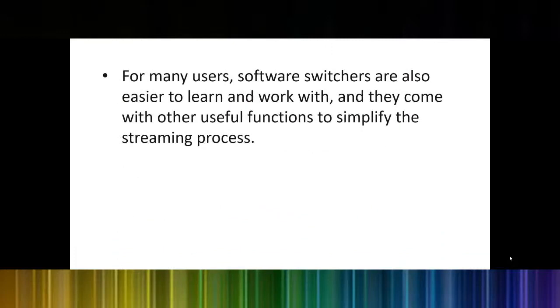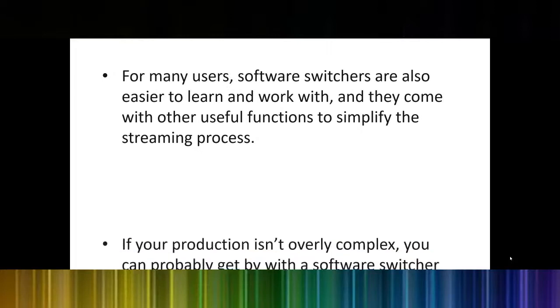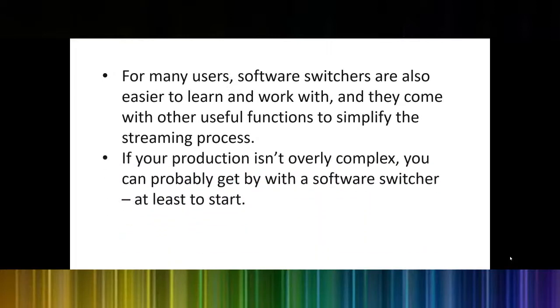For many users, software switchers are also easier to learn and work with, and they come with other useful functions to simplify your workflow and your streaming process. If your production isn't overly complex, you can probably get by with a software switcher, at least to get started, like I did. We'll talk about that in a couple of minutes.